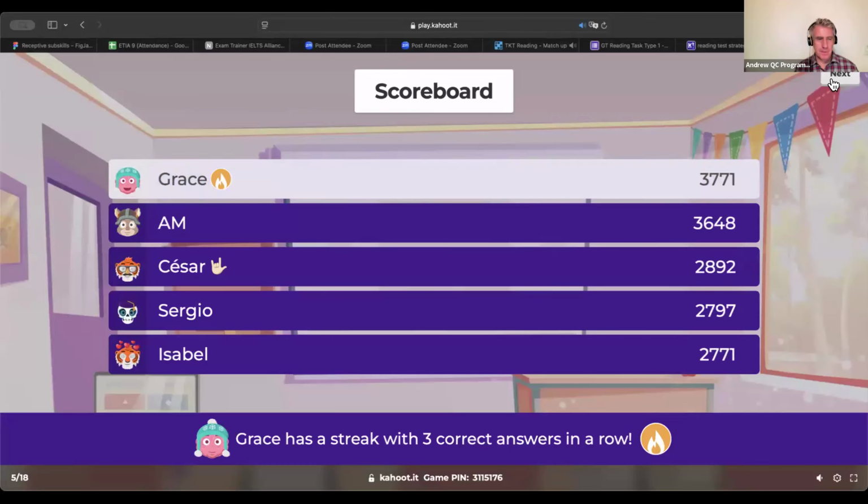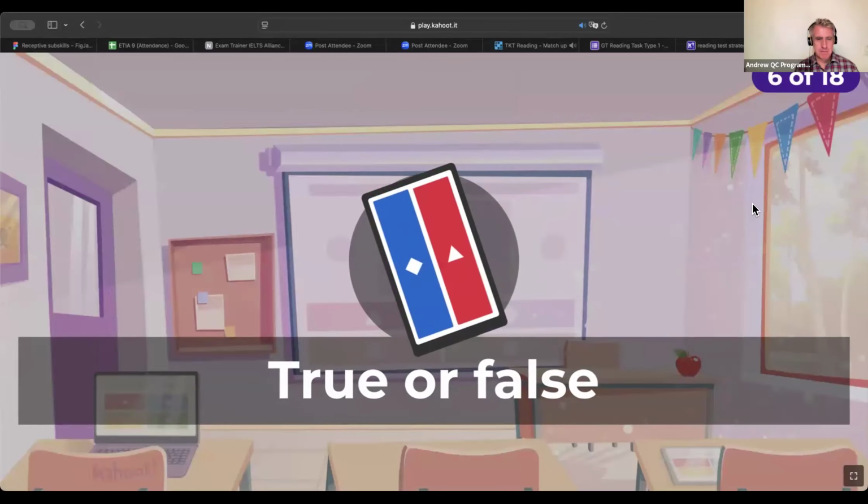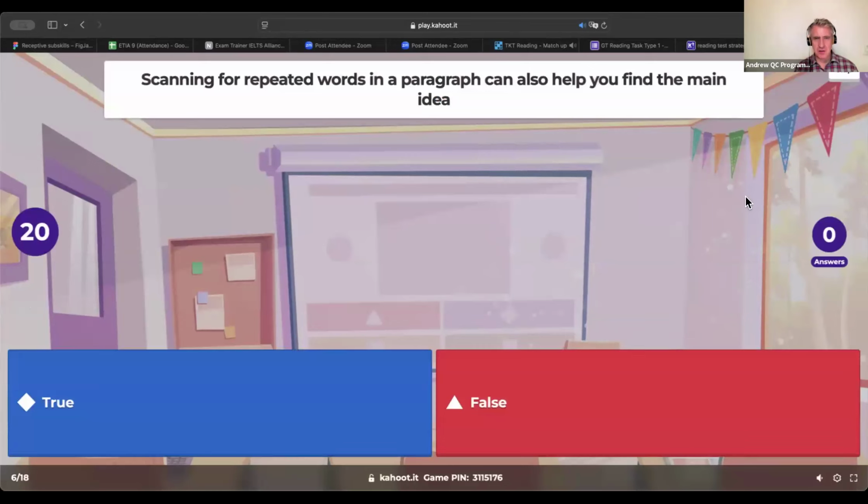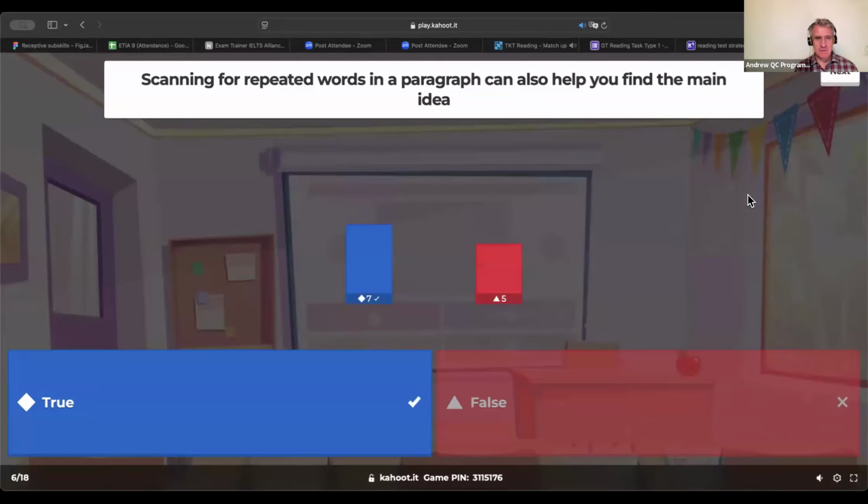Yeah. Well done, Grace. Scanning for repeated words in a paragraph can also help you find the main idea. True. Yeah.